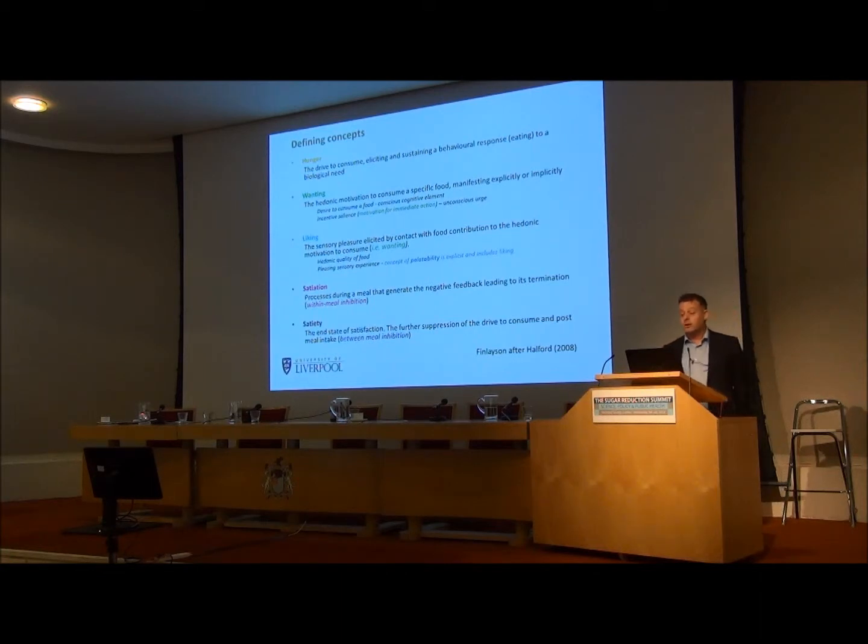Well, it's a desire to consume food, a conscious element to it, but there's also an incentive saying, something that draws you to it, an unconscious urge as well. But to want something, you have had first to like it. So wanting is dependent on liking, and liking is the sensory pleasure elicited by the contact of the food and the contribution to that whole hedonic motivation to eat.